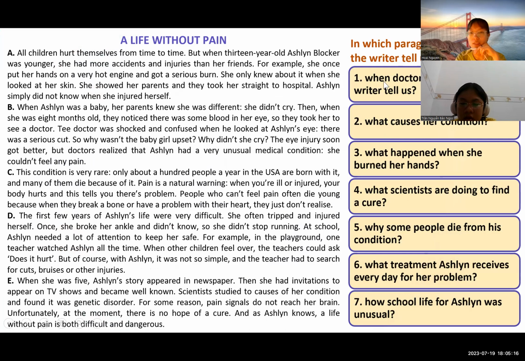Now number 1, when doctors realized, does the writer tell us? Con bây giờ con xem cái đoạn văn nào mà khi mà bác sĩ nhận ra cái điều gì đó, đúng không? Cái đoạn văn nào cho thấy là bác sĩ nhận ra cái điều gì? Là B, right? B is the correct answer.